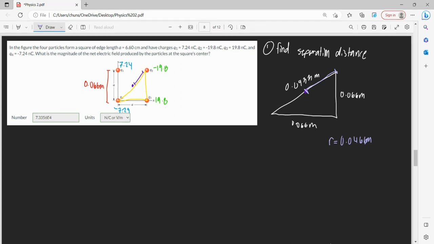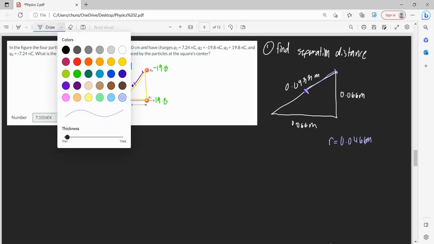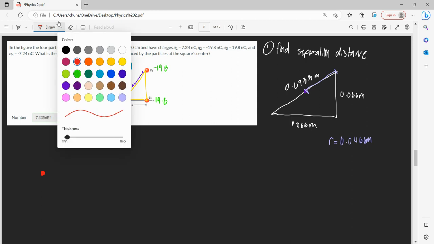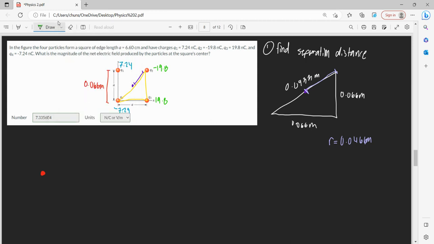All right, so I'm going to draw a diagram of how we can imagine our geometry and symmetry for this. It'll make it a lot easier to understand, a lot easier to solve our question. So first I'm going to draw our reactions from our 19.8, so negative 19.8 to Q2.